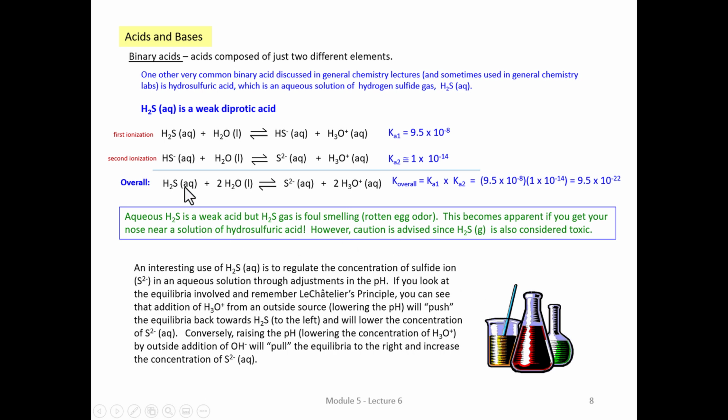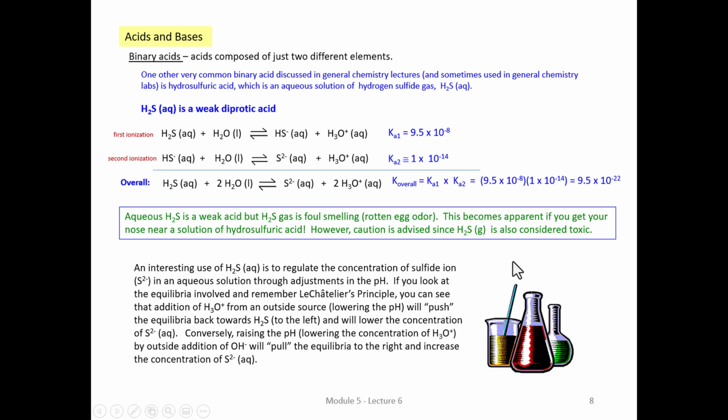So if you needed sulfide ions for a particular reason, and you needed to control or change in a subtle way the concentration of sulfide ions available during an experiment, you can do that by simply changing the pH of the solution. At low pH, fewer sulfide ions. At high pH, more sulfide ions, depending on which way, of course, you're pulling this equilibrium.